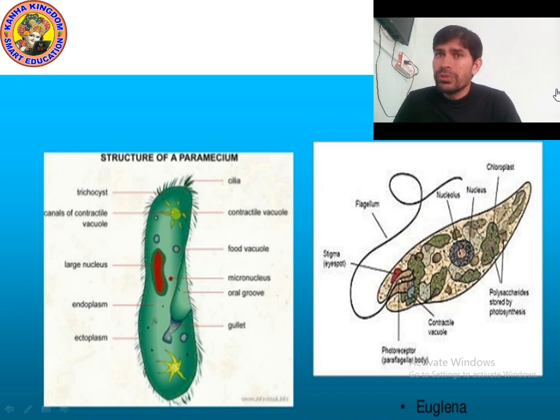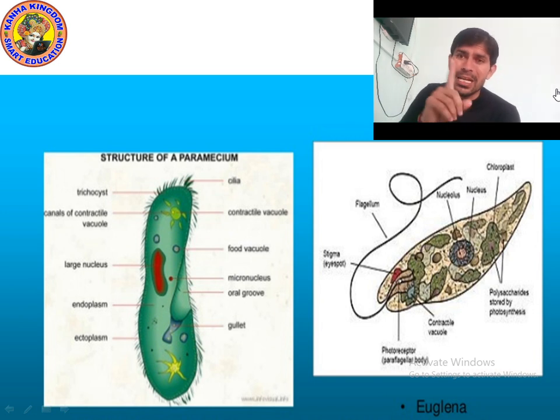Okay, and if we talk about euglena, can you see a thread-like structure? This is called flagellum. So euglena has a flagellum. Flagellum also helps in locomotion, and it also helps in capturing the food. Euglena is a unicellular living organism made of only one cell.